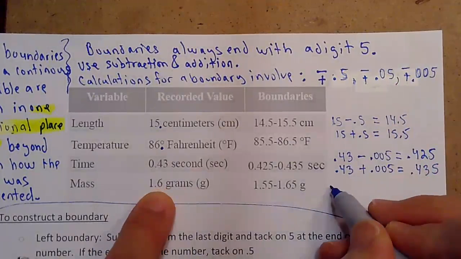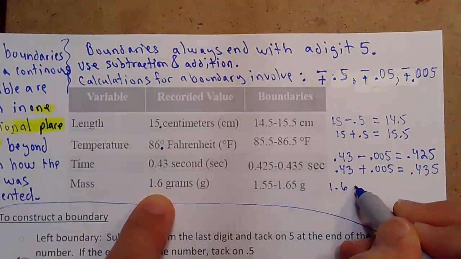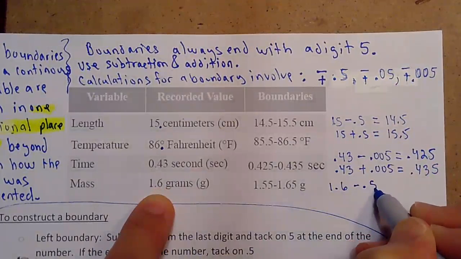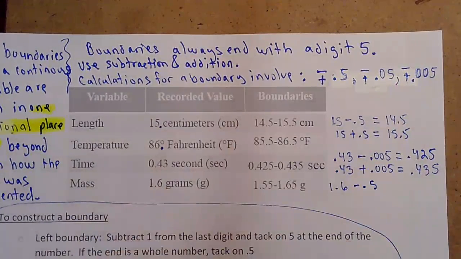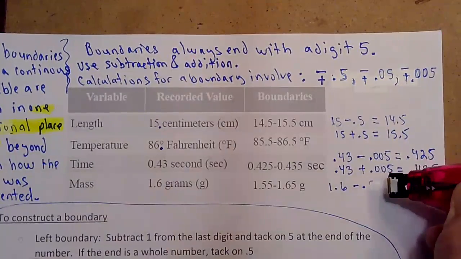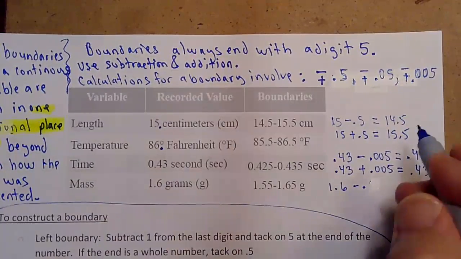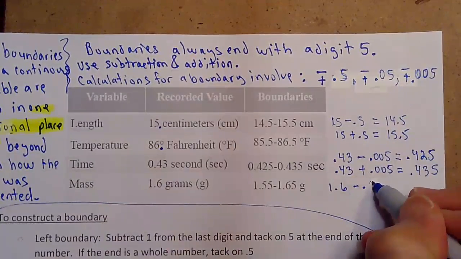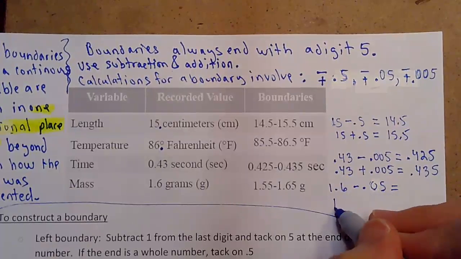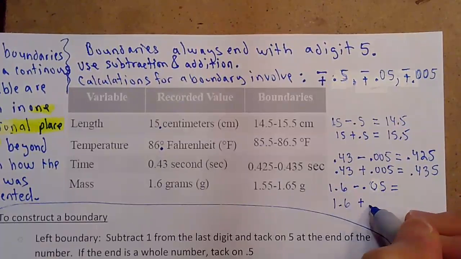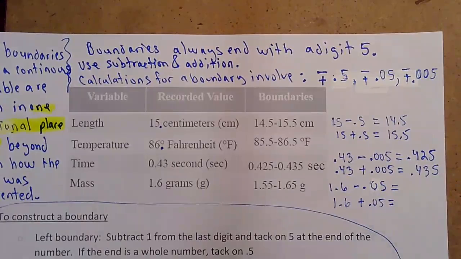So this would be 1.6 minus 0.05, one decimal place beyond that, and 1.6 plus 0.05.